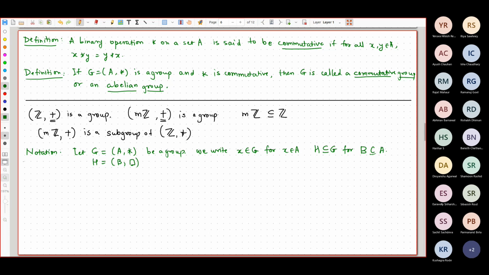Right. So now let's define. Let G be a group and star be its group operation.